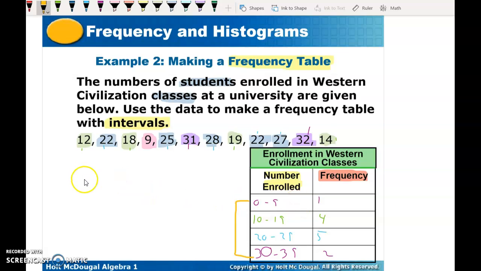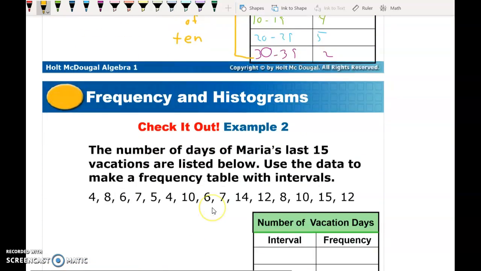So think about that. 0, 1, 2, 3, 4, 5, 6, 7, 8, 9 is 10 numbers, right? 1, 2, 3, 4, 5, 6, 7, 8, 9, 10. So each one of these intervals has a width of 10. And this is really important when you're making intervals. They all need to be the same width. So 0 to 9 is the same as 10 to 19.